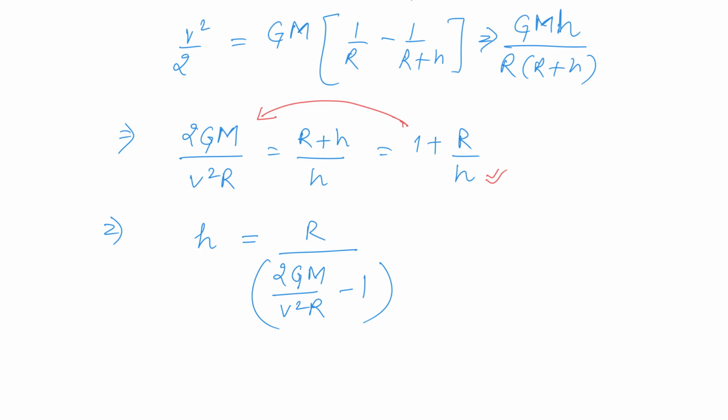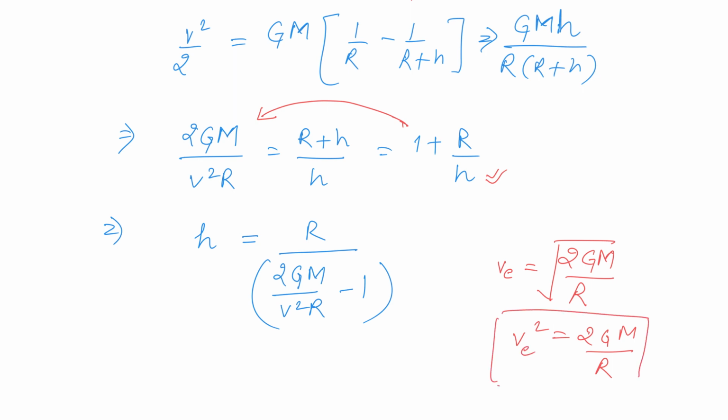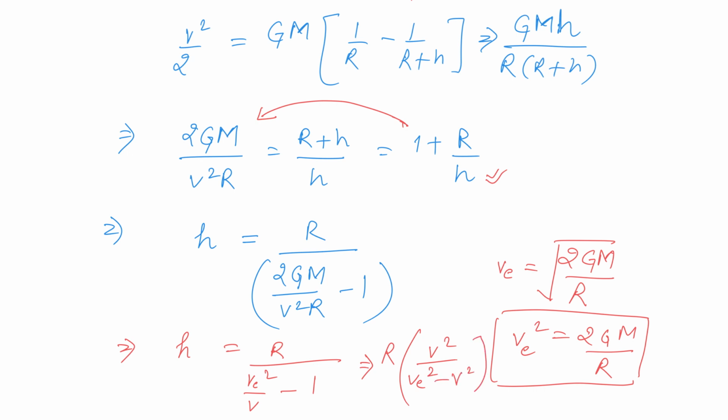Now, since we know that the escape velocity ve is √(2GM/r), ve² will be 2GM/r. Substituting this into h, we get h equals r divided by (ve²/v² − 1), and we get it as r v² upon (ve² − v²).